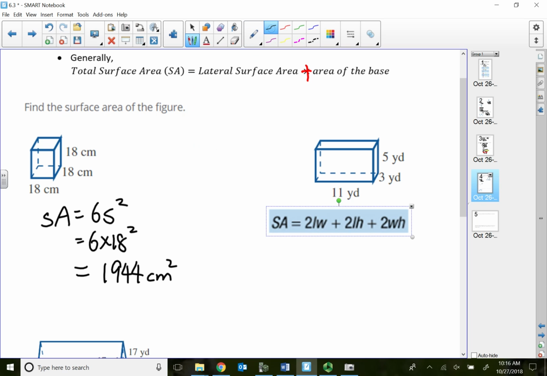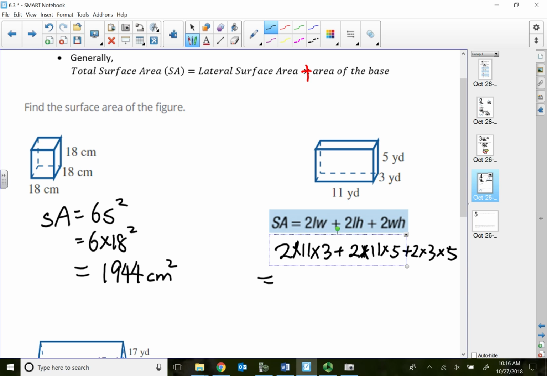Okay, so let's write it out. 2 times length, 11, times the width, which is 3, plus 2 times length, 11, times the height, which is up and down, 5, plus 2 times the width, 3, times the height, 5.